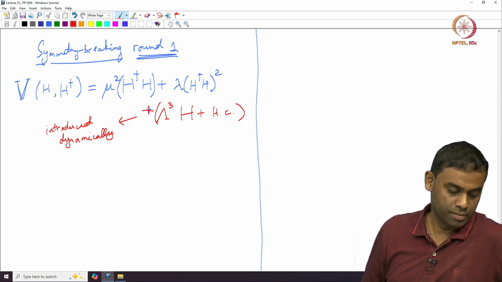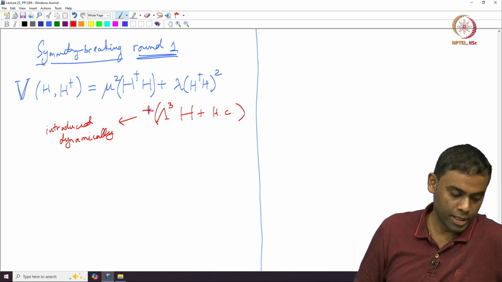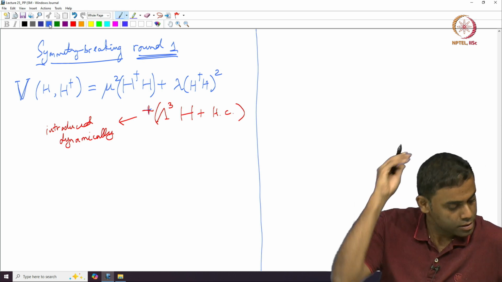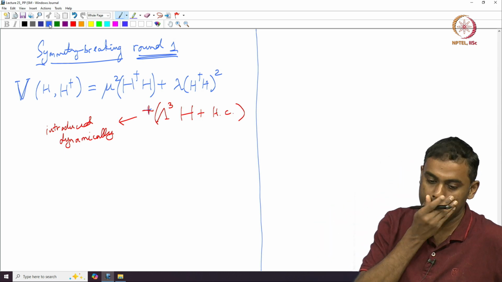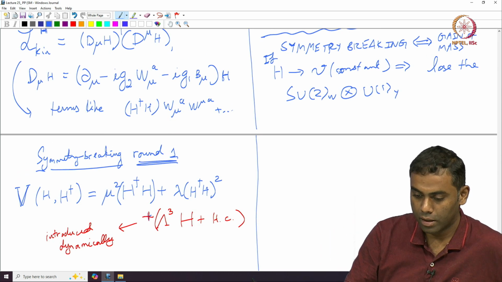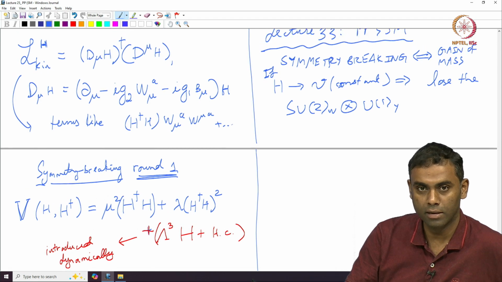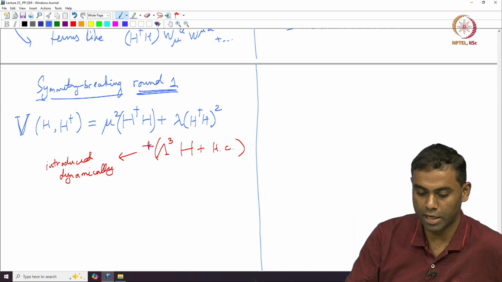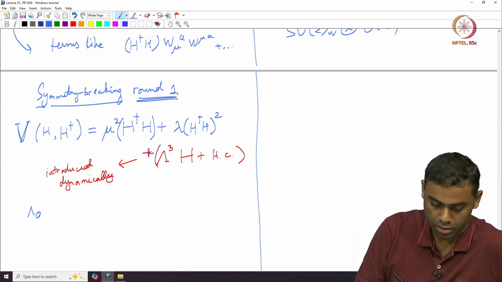So how could this happen? Now imagine you are in a universe where the QCD scale is very high. So what is the QCD scale in our universe?